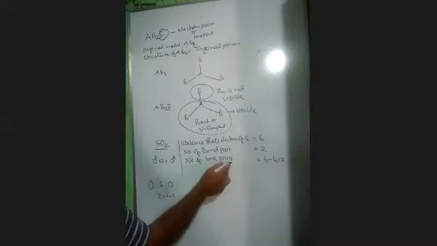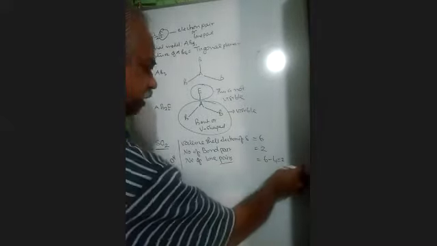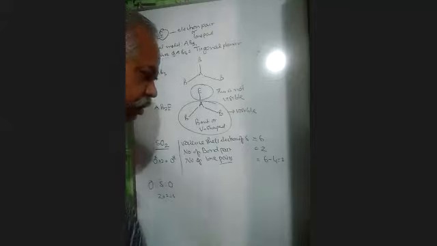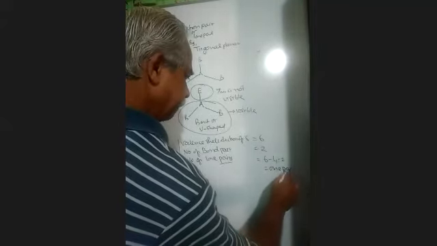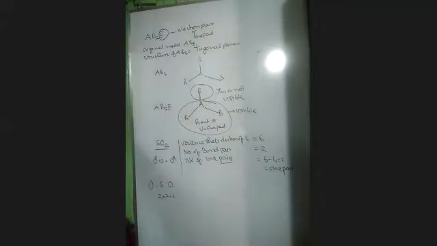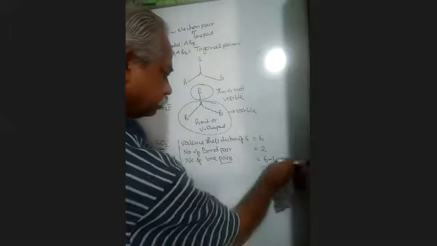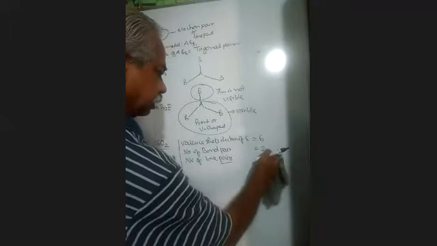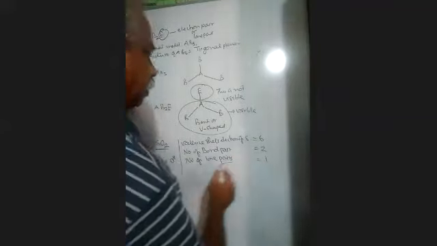Now what is there? Pair means what? 2 makes a pair. So what should I write here now? It is equal to 1 pair, is it not? So I'll write here 1.